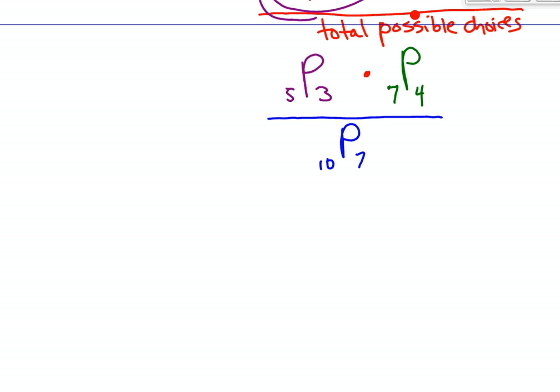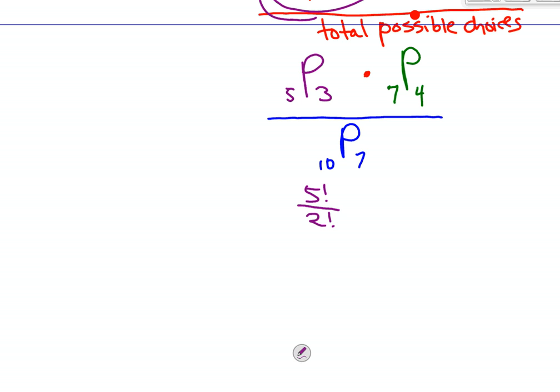So then we'll figure this out, and I'm going to write it out so that I'm canceling a bunch of things. So the permutations of 5 things, choosing 3. Can I jump to that's 5 factorial over 2 factorial? Is that okay? Or do you want me to write it as 5 minus 3 factorial on the bottom? Tell me. Okay, so I'm going to rewrite this part. How do I find the permutations of 5 things, taking them 3 at a time? 5 factorial over 5 minus 3 factorial, which is 2 factorial.